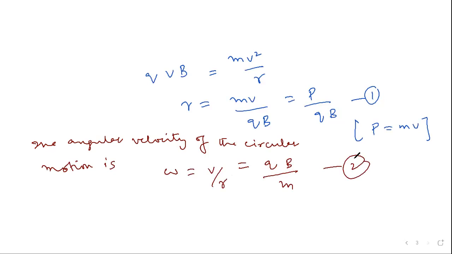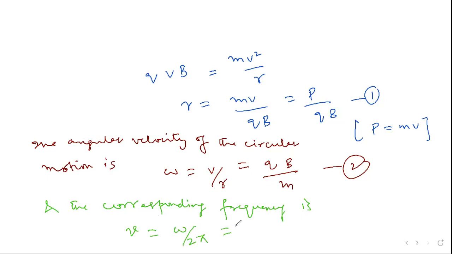The angular velocity of the circular motion is qb by m. And the corresponding frequency is given by nu is equal to omega by 2 pi, which is, using second equation for omega, it is qb by 2 pi m.